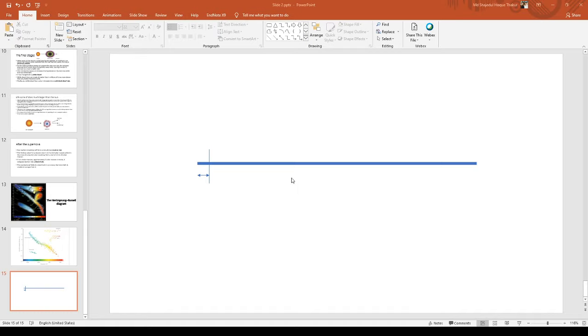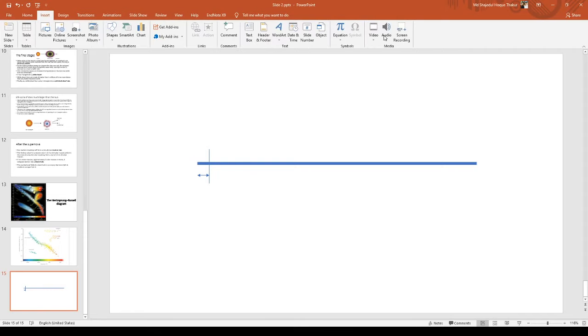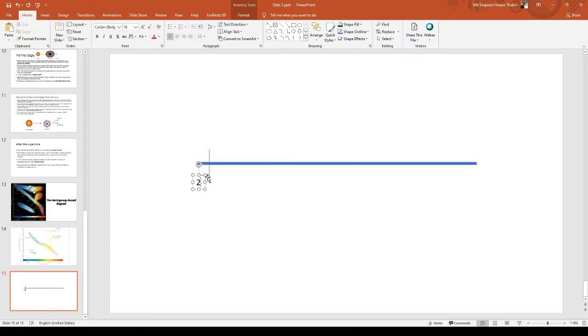I can't find the exact value on Google, so I'll let you know the exact value later in your group chat, but it is about 2 times 10 to the power minus 14 or something like that, seconds. Is that a very large time or a very short time? It is an insanely short amount of time.